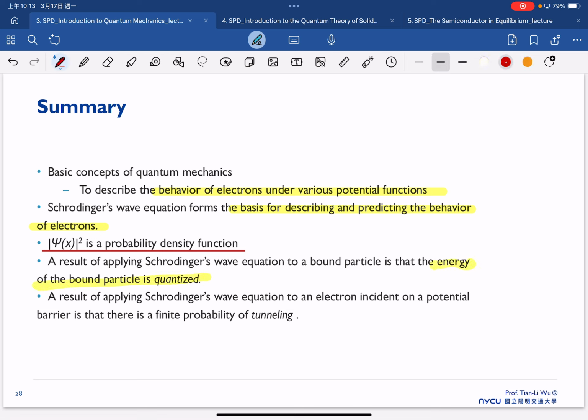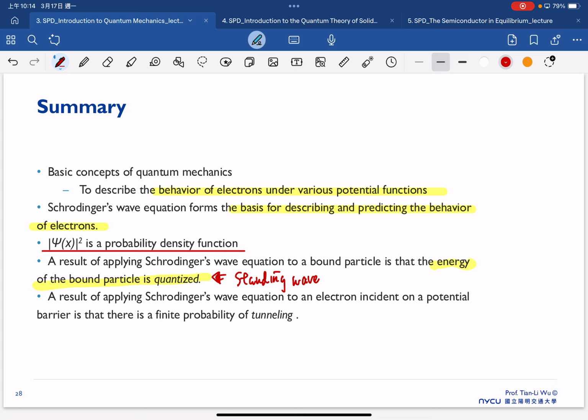So this is a concept where we first found that the particle can have the standing wave property. Once you have a standing wave, you can put in a wave number, and each wave number has one particular wave function. In that sense, we start to consider what we call the quantization of energy.